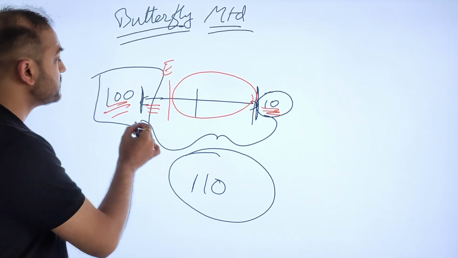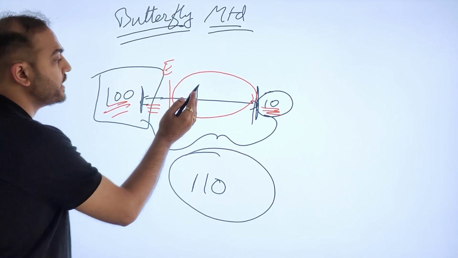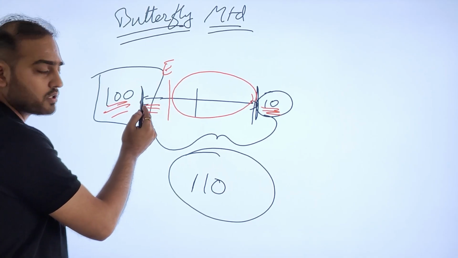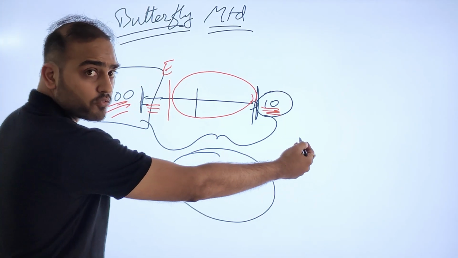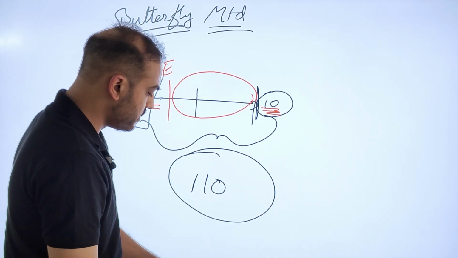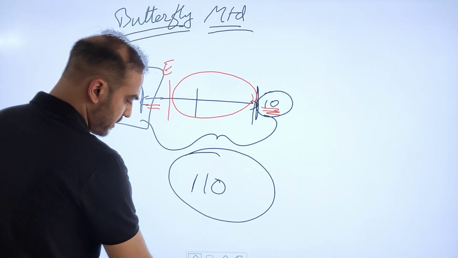So since the weight is more, they'll compromise less, or the equilibrium will shift towards these people and away from fewer people. Based on this concept, we have the butterfly method.